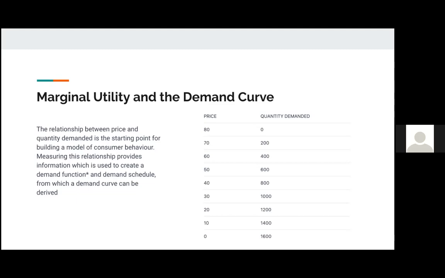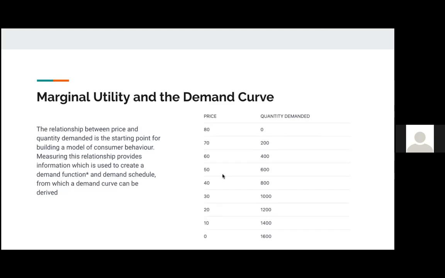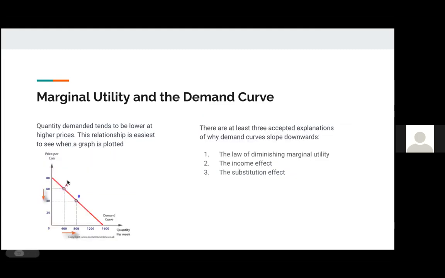When it's 60 naira, 400, and so on, until when the price is 0, people will demand about 1,600 pieces of gala. If we were to illustrate that diagrammatically, it will be here, this graph on the left-hand side.